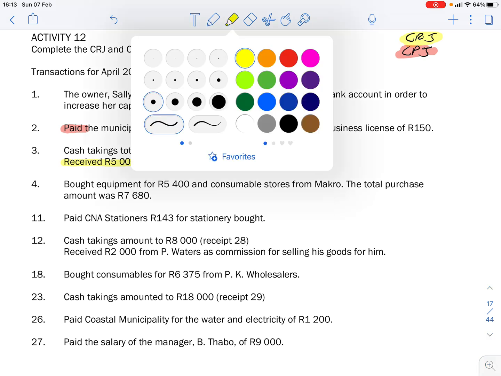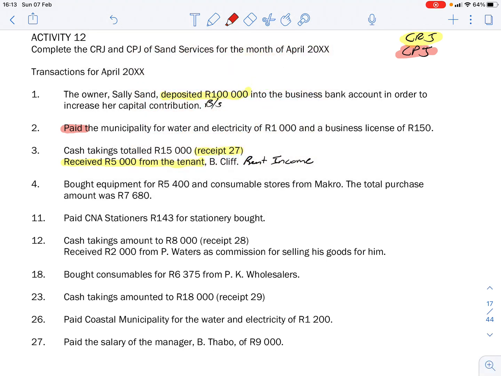Okay. We then move on to the transaction on the 4th, where we buy equipment for 5,400 Rand and consumable stores from Macro. The total amount was 7,680, and they tell us that the equipment was 5,400.